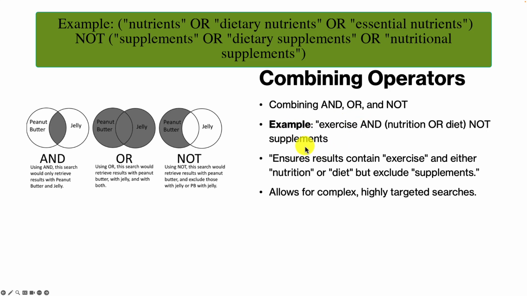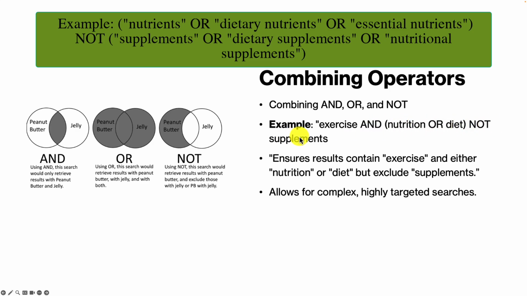When you do results like this, if you're not good at it, you'll generally get an error message saying there is nothing, or you might get just a handful of papers, 2 or 3. Then you have to look at your search string and say, okay, maybe with exercise, I can put energy expenditure. And with nutrition, I could put macronutrients.